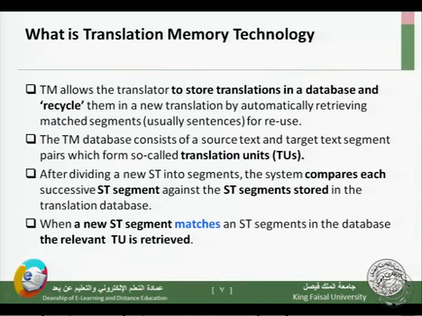Imagine, see? Now when you have a new source text segment, it means a sentence, one unit, normally a sentence. When you have a sentence from the source text, put it in the program, the translation memory, and if this sentence matches with the ST segment stored in the program, in the database, then what happens?